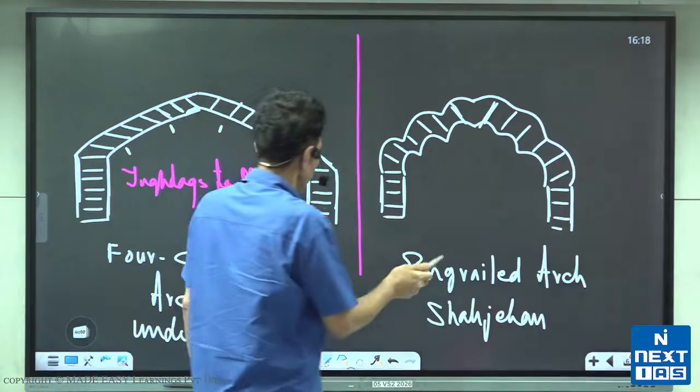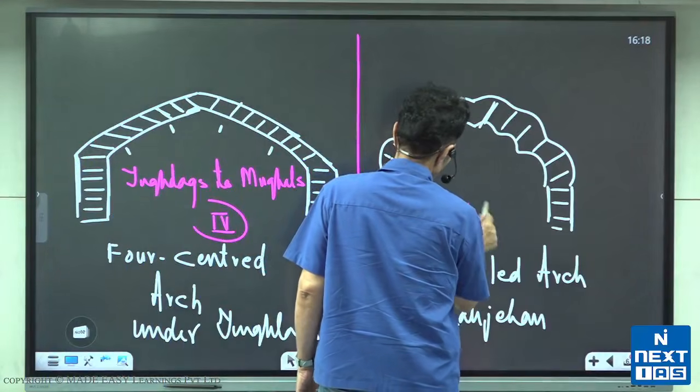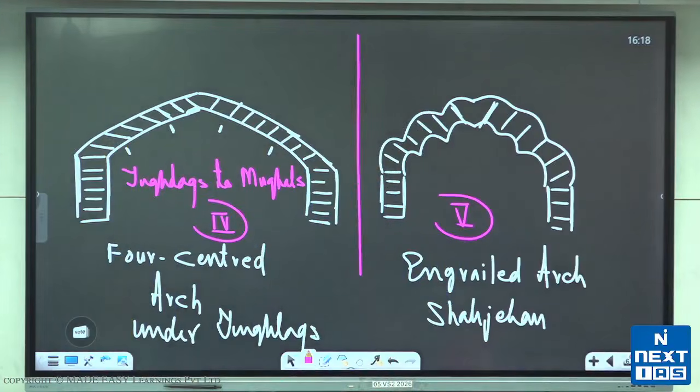And then finally under Shah Jahan, phase 5. Getting it?